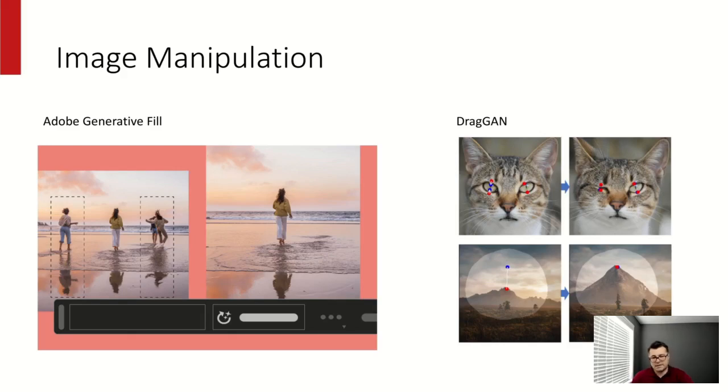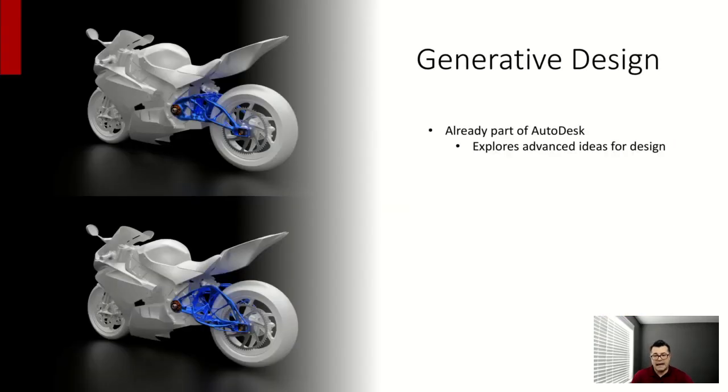So there are various very interesting image manipulation tools. This drag tool allows you to take dots on an image and move them around, and it adapts the image. There are some very interesting things happening within generative AI, and it's applicable across various domains. One particular company that has implemented generative AI in their product is AutoCAD.